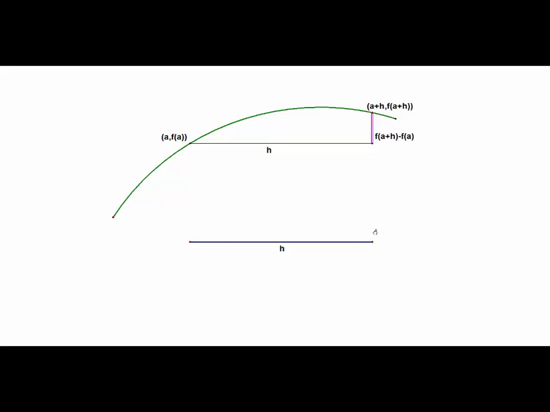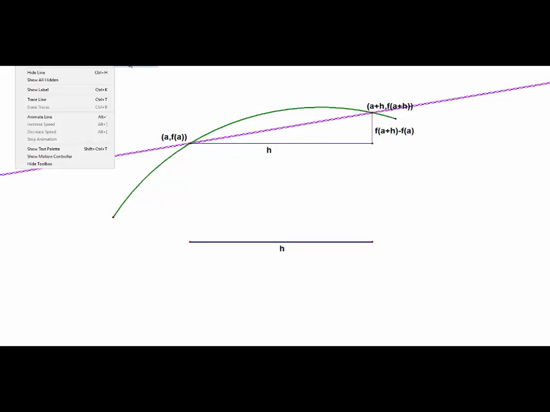And so this is the difference. So if you look at the secant line here, then let me construct a line for you. So if you look at the secant line here, let's make it slightly thicker. Then (f of a plus h minus f of a) over h is the slope of this secant line.